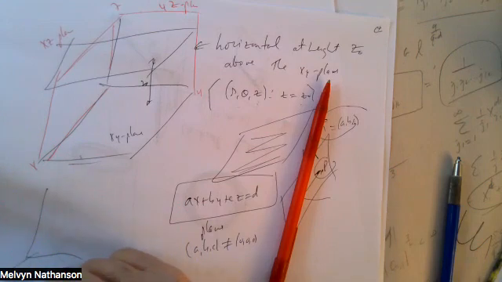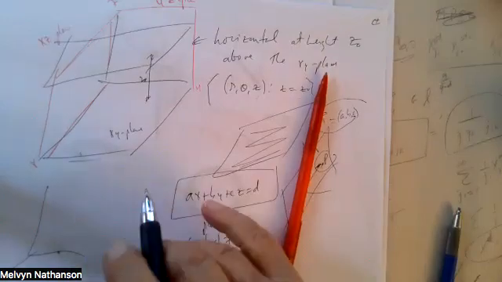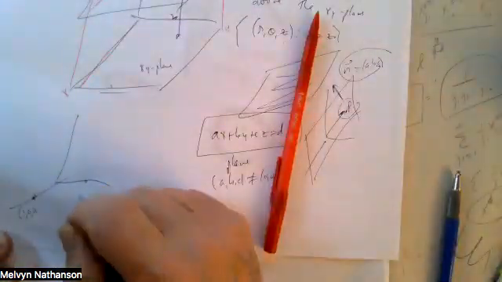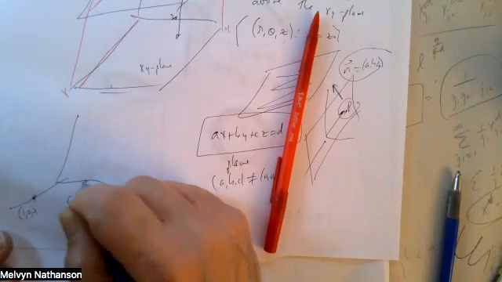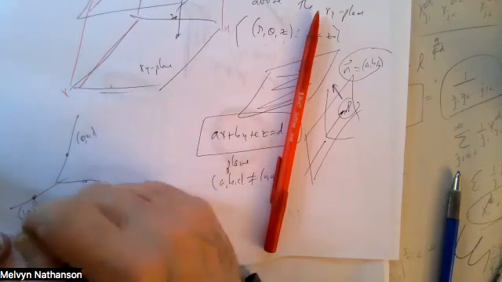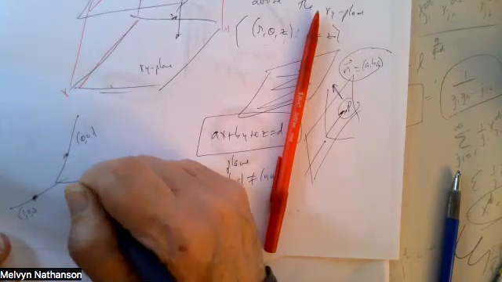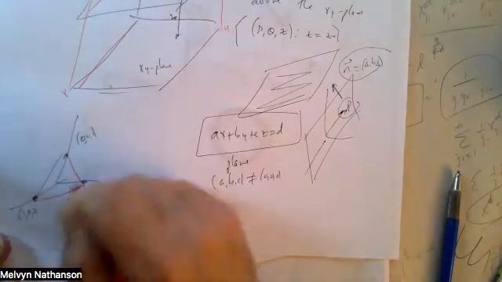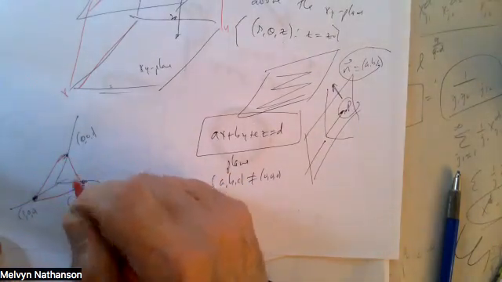If you take the points 1, 0, 0, 0, 1, 0, and 0, 0, 1 on the axes, you could always draw a triangle with those 3 points at the corners.